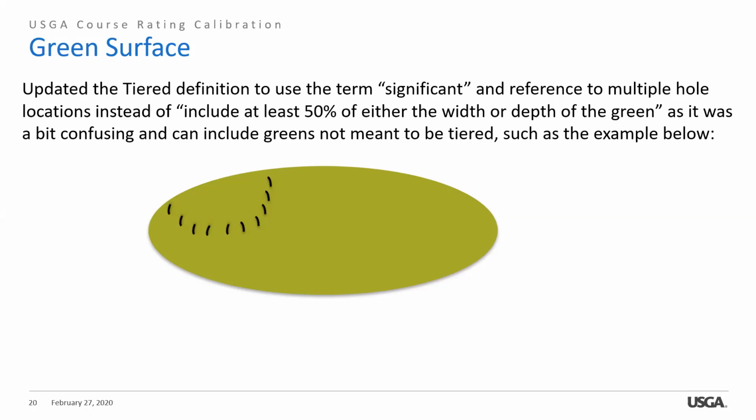Let me look at the definition of that. Once again, we should be looking at where the old holes are. Yeah, John, and I think that's another thing, where we look at those old hole plugs to see where they are to determine how much play is on a certain part of the green. A significant portion of the green.